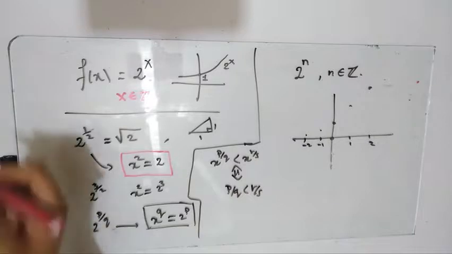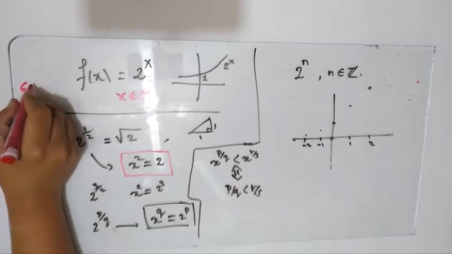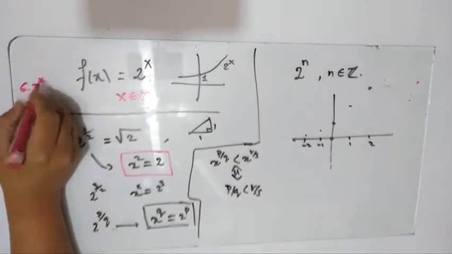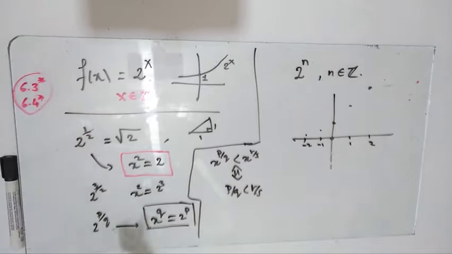In section 6.3 star and 6.4 star, there is a rigorous way which we can use to define the exponential function in an easier way, but this is not the natural one. The natural one comes from the exponents.